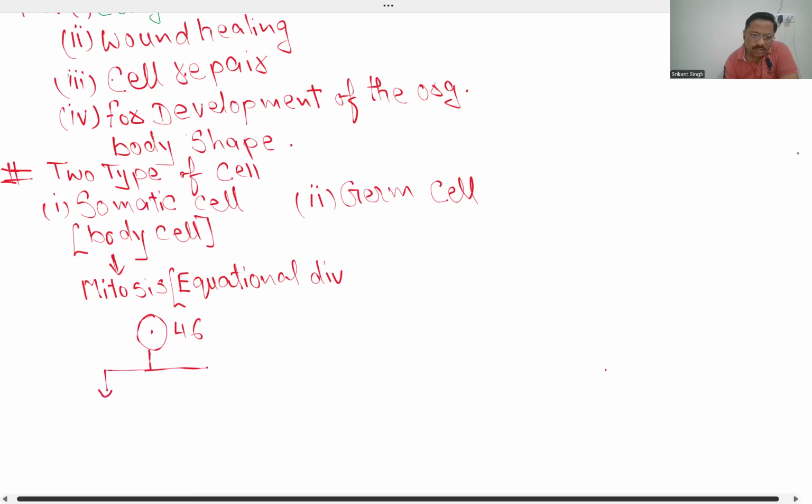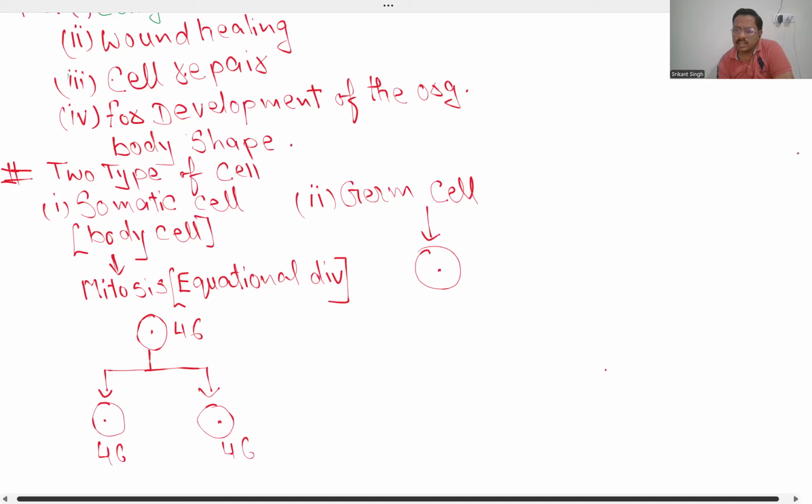After division, two daughter cells are going to be formed, and they also have 46 chromosomes in their body. Due to this reason we call mitosis equational division. And in the germ cells, beta, it is reductional division.